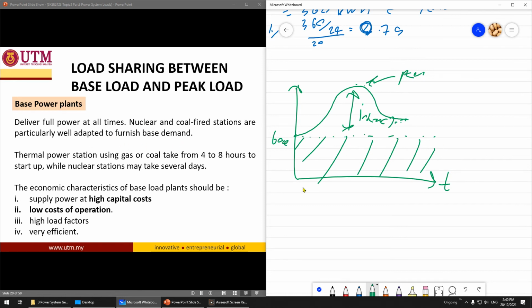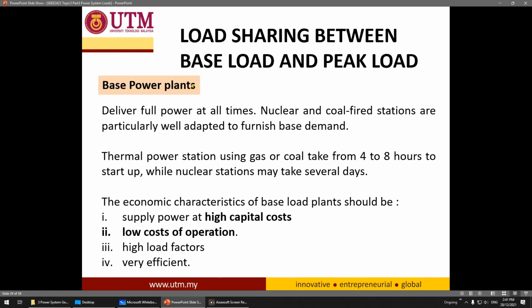It's hard to start, because coal takes time to burn and heat up, so it cannot be changed easily. But it is quite cheap, that's why it becomes the base power plant.